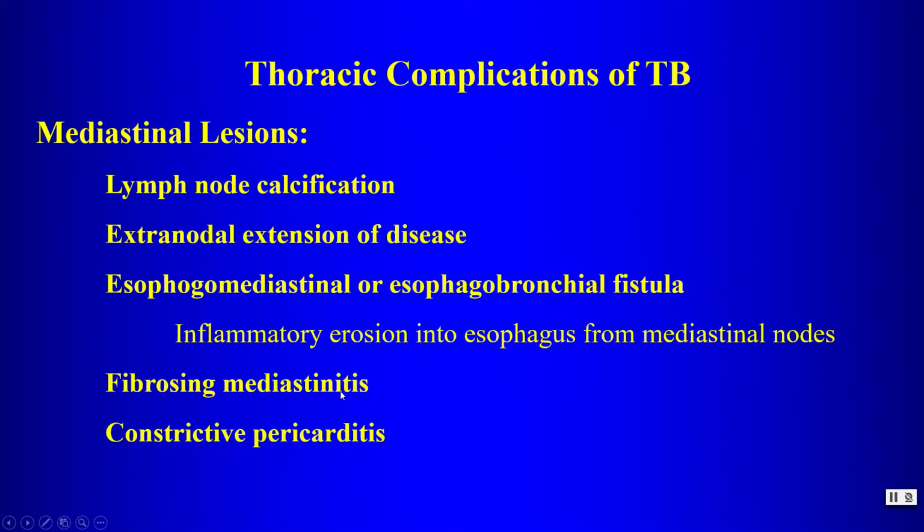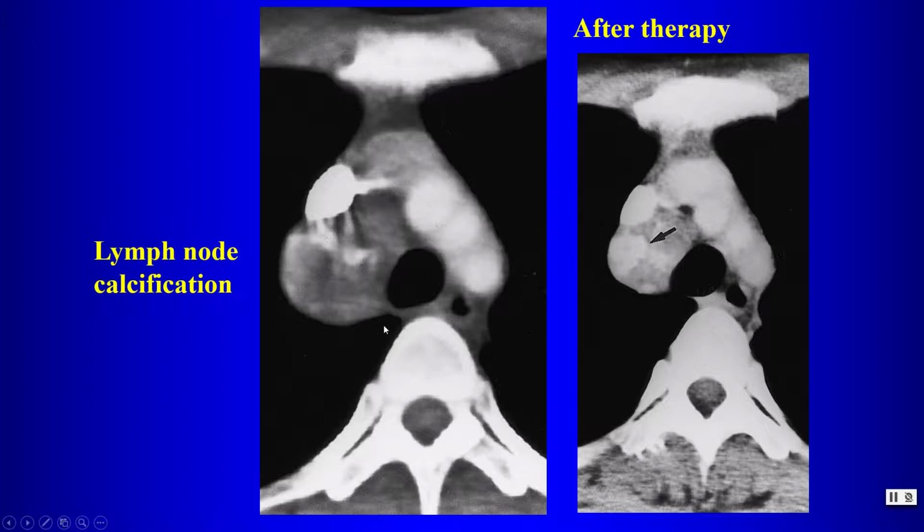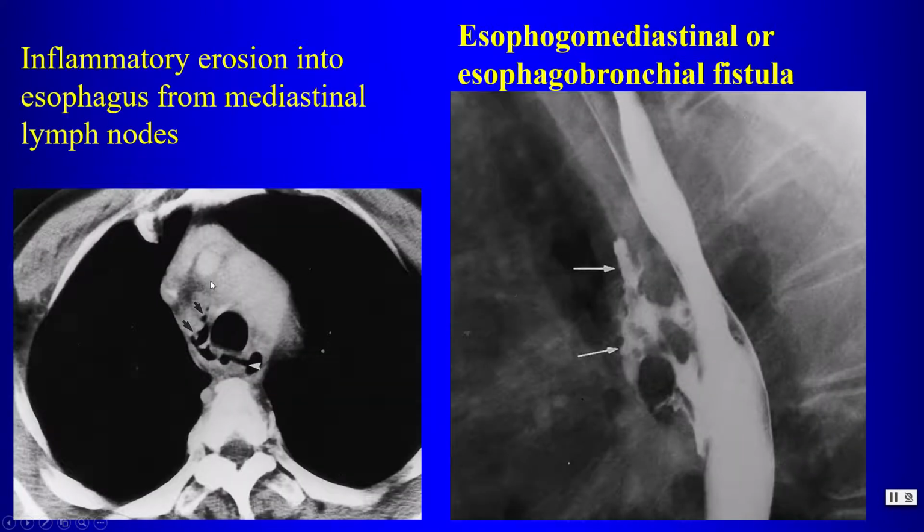Other thoracic complications of TB: we can have mediastinal lesions involving lymph nodes as listed here. So here we have lymph node calcification. You can see after therapy the lymph node gets smaller, although the calcification increases in size. We can have inflammatory erosions from the lymph nodes into the esophagus.